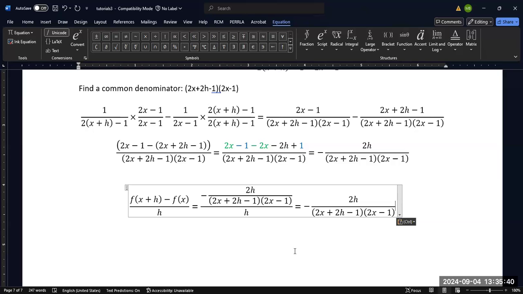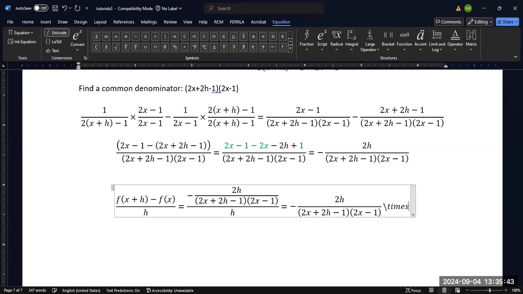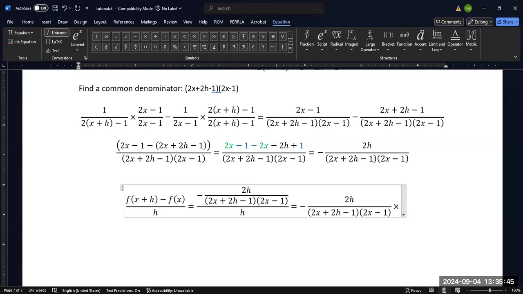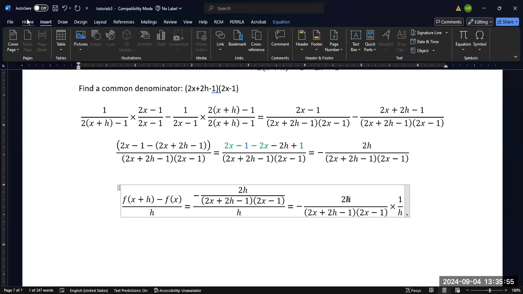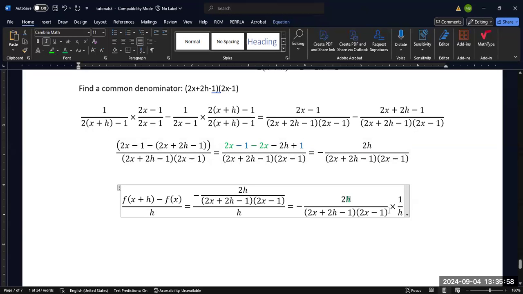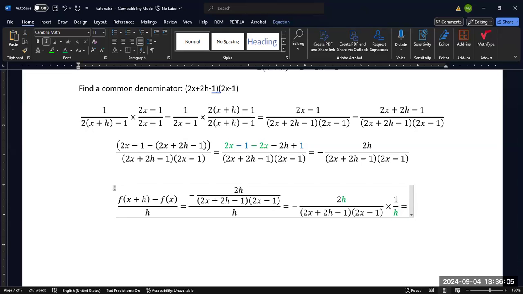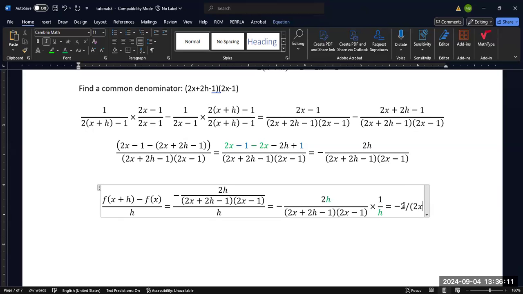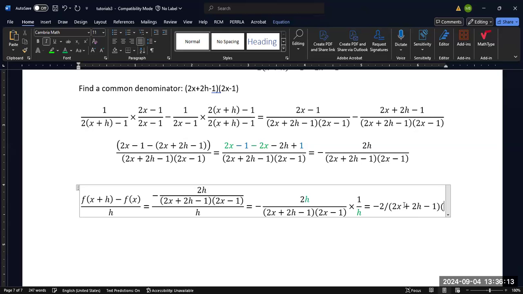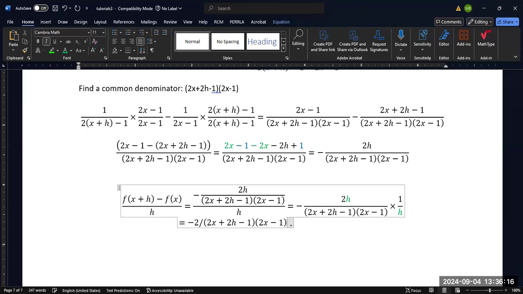So it's that numerator times the reciprocal of the denominator, which is h. The reciprocal of that is 1 over h. And now it's a little clearer that that h and that h are going to cancel. And so we're going to be left with minus 2 over 2x plus 2h minus 1 and 2x minus 1.